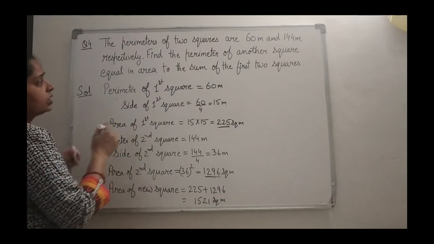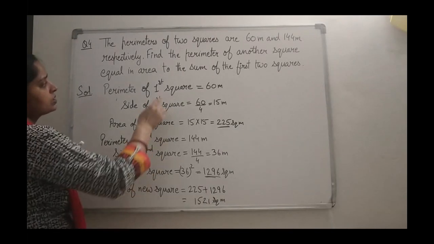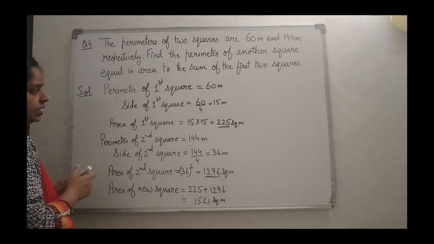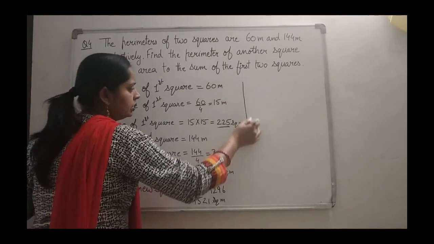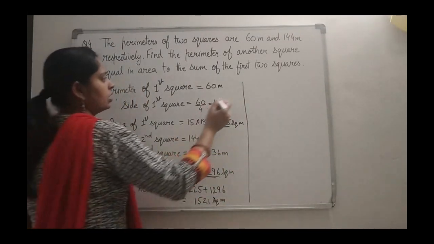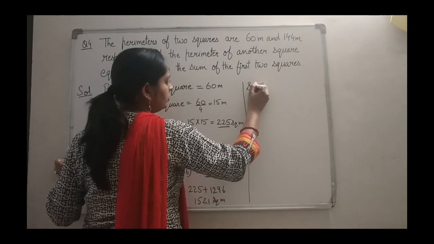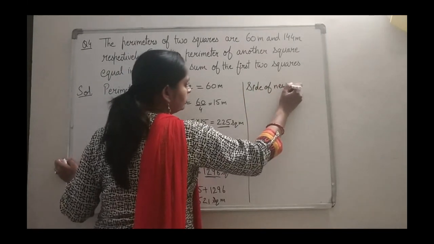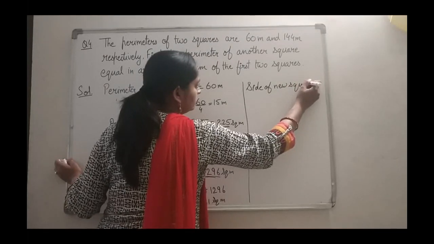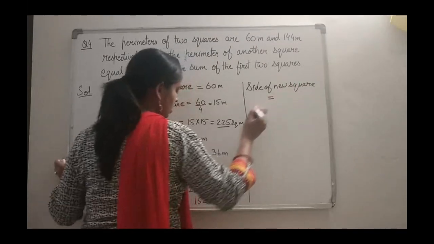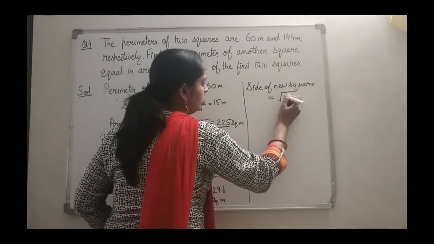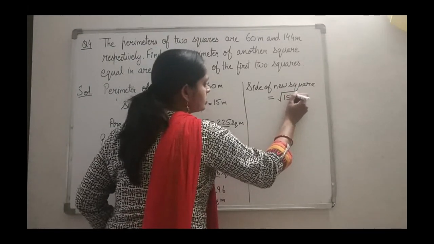But the question is not asking for the area. The question is asking to find the perimeter of the new square. So for that we need side. So we have to calculate the side of the square. Side of new square will be equal to how much? Area is there, so square root of the area will give you the side of the square.